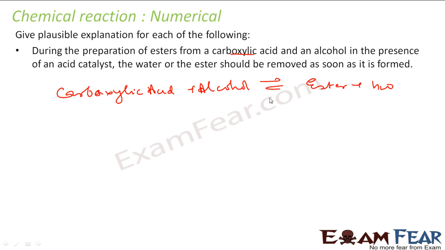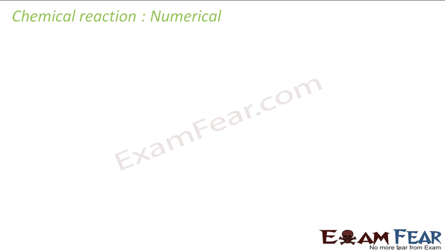And this is an equilibrium reaction. So if you don't do anything, it will stay in a constant state. To move the reaction in the forward direction, either you remove water or you remove ester. So if you remove any of these, the reaction will move in the forward direction.